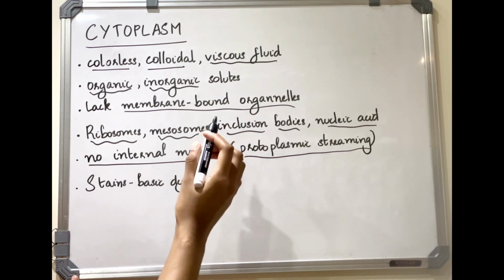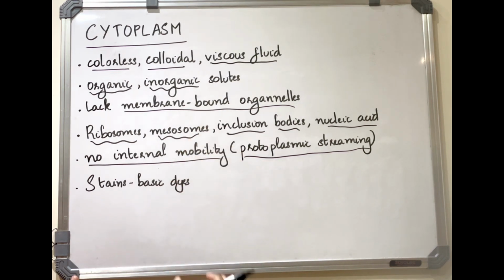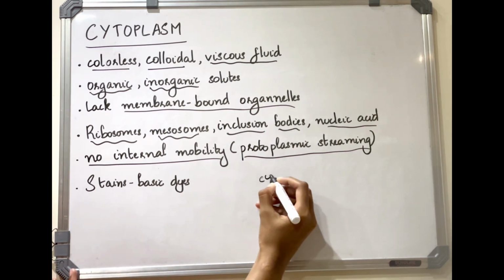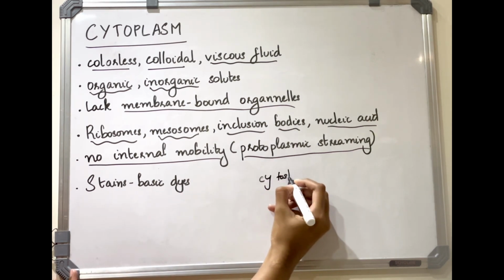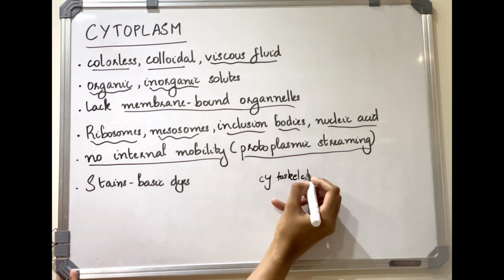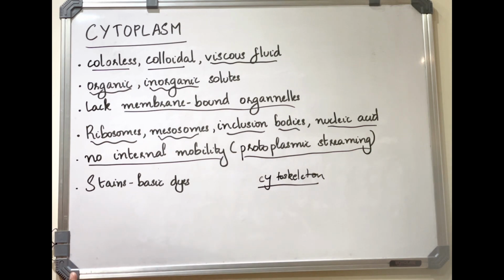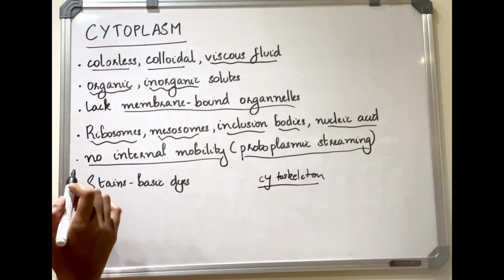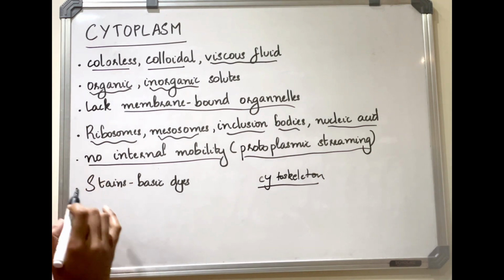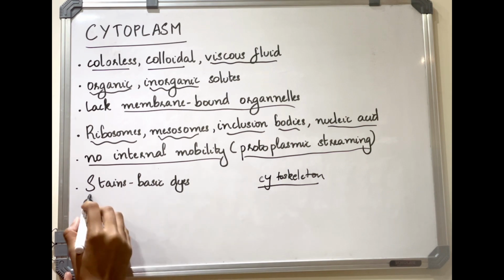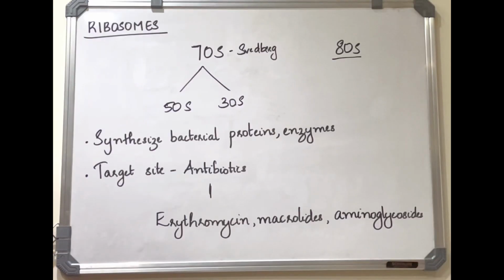It is the flow of the cytoplasm in a cell due to the forces from the cytoskeleton. Okay, so that is what protoplasmic streaming is. Now the cytoplasm will stain uniformly with basic dyes.